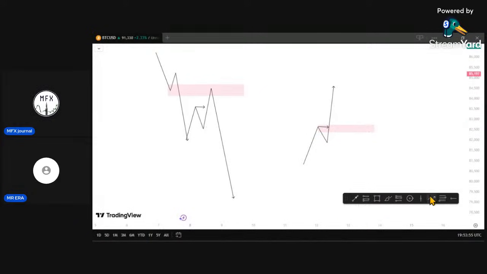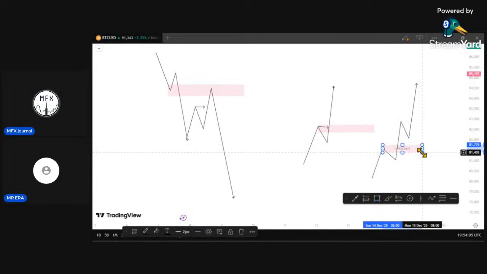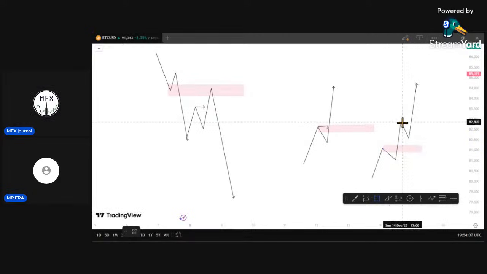For example, right here, something like this. So these are examples of breaker blocks. The high that breaks is a breaker block.